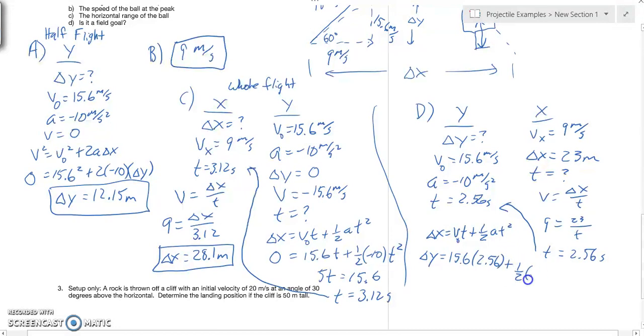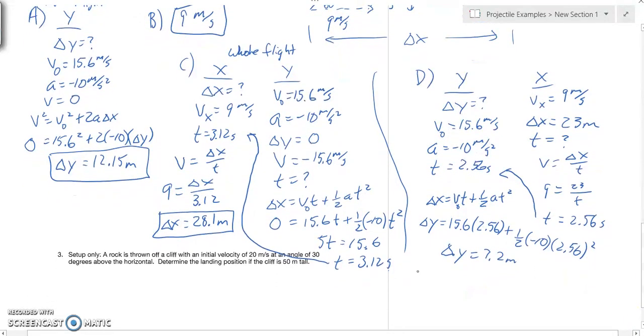Plus 1/2, -10, 2.56 squared. So we solve that for our displacement in the y direction, and we get 7.2 meters. That's good news for the kicker. 7.2 meters is greater than the height of the crossbar, so the field goal is good. And there we have it.